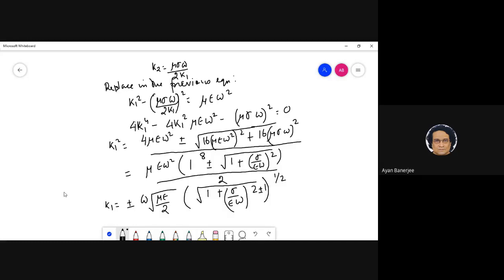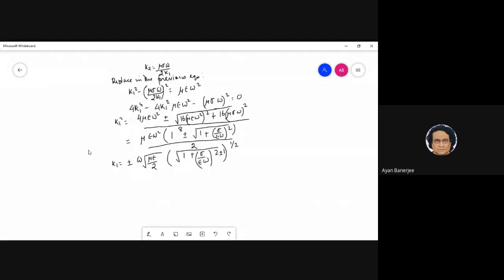But what is important to note now, so these are some basic relations. What we want to stress is that K1 and K2, what they mean. So K2 is obtained from equation 1.